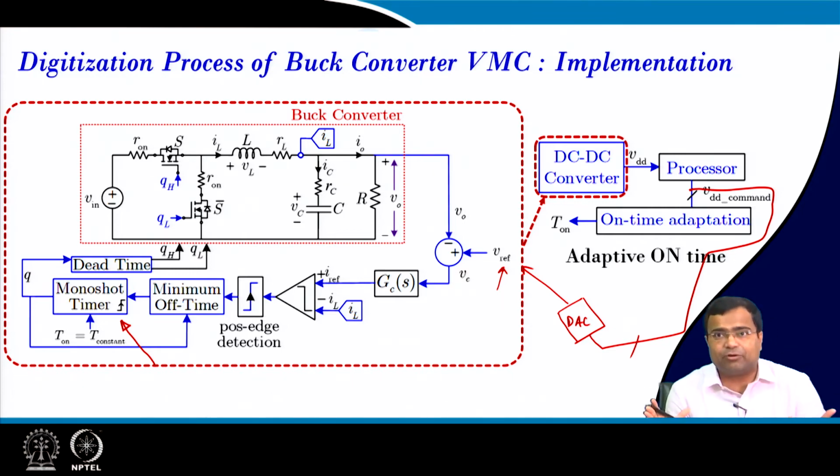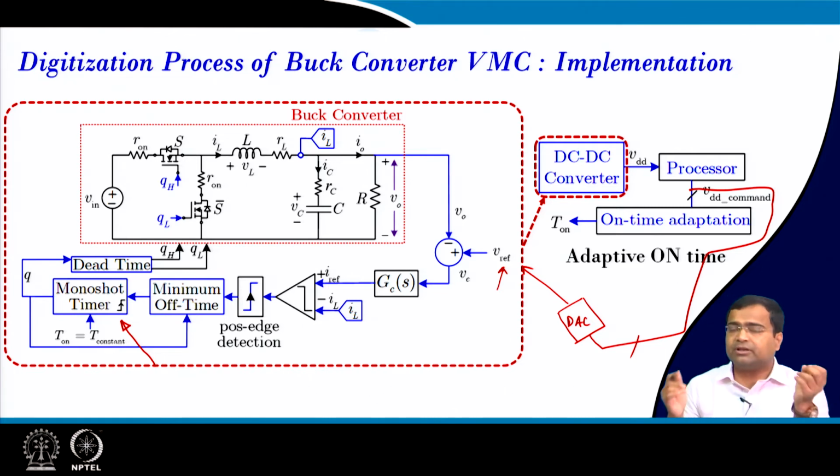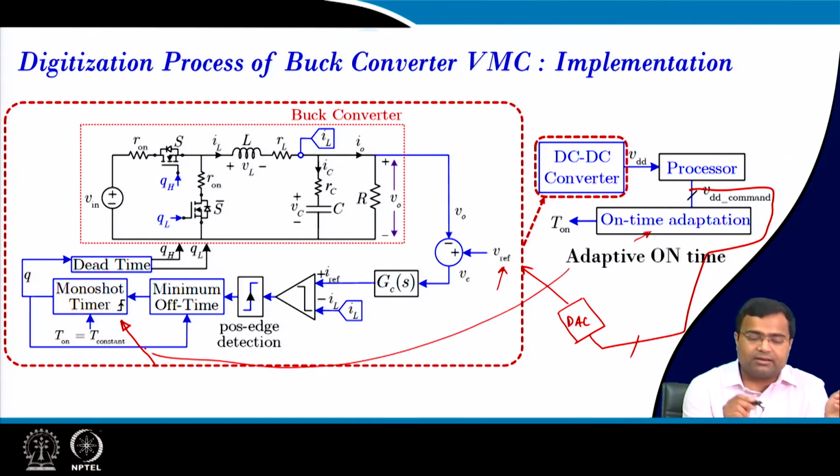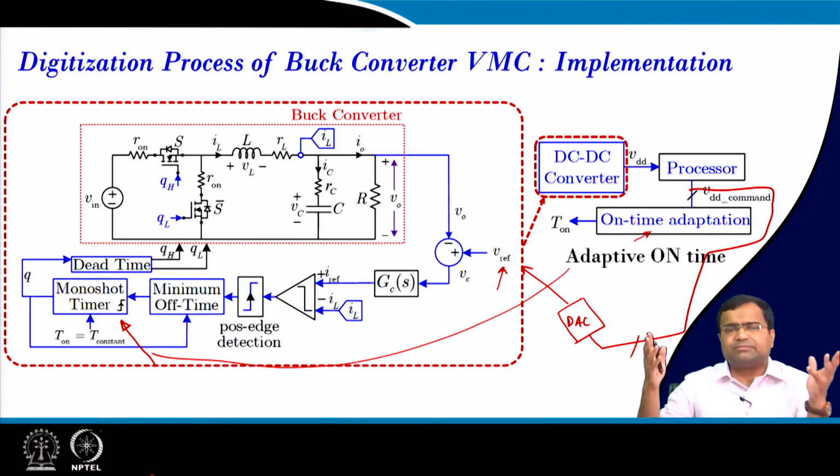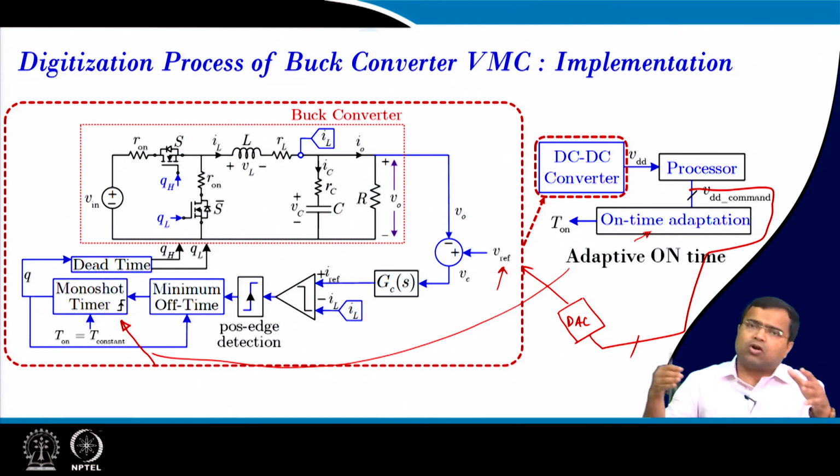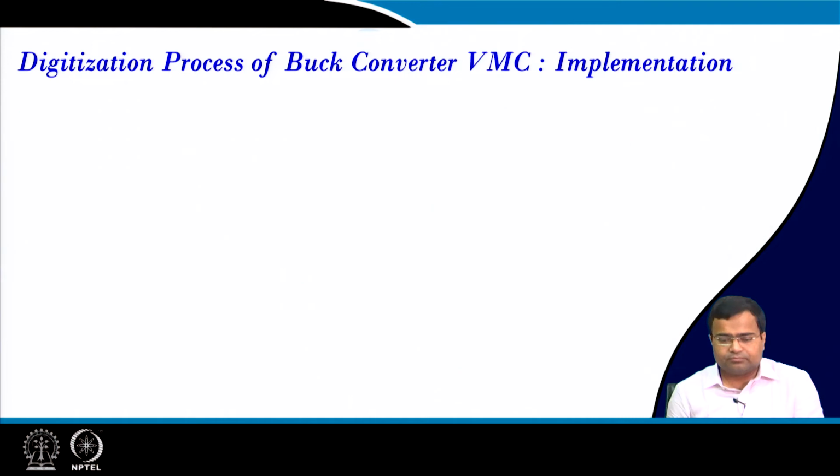But once the reference voltage changes, if your input voltage is fixed, then naturally the switching frequency will vary. So we need to adaptively vary the on-time, and that has to be loaded here. This adaptive monoshot timer can be fully digital. You can use either a counter-based or another architecture where you can update the number.